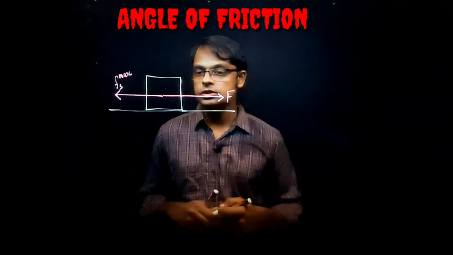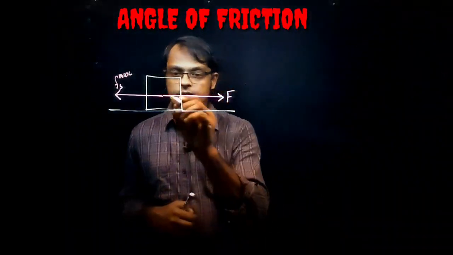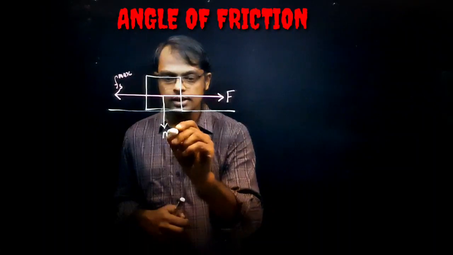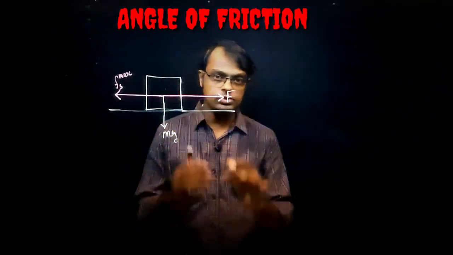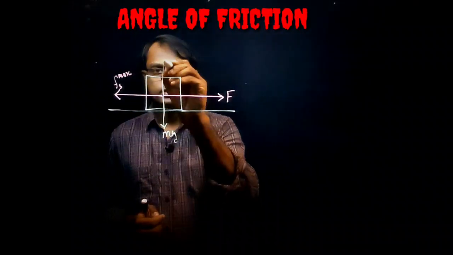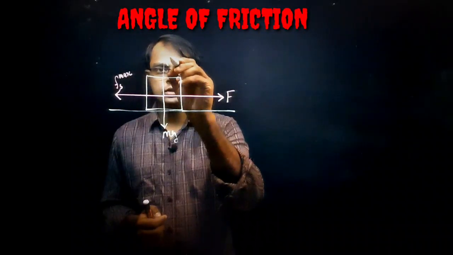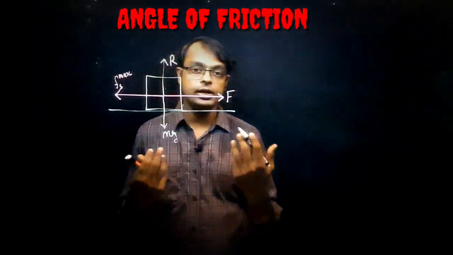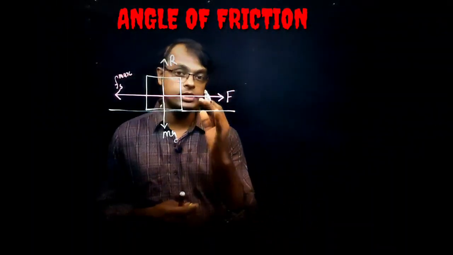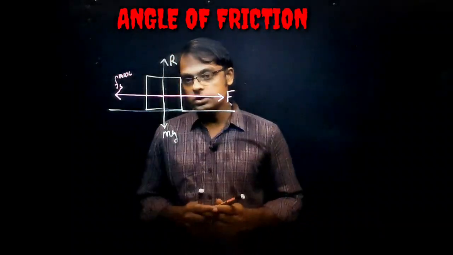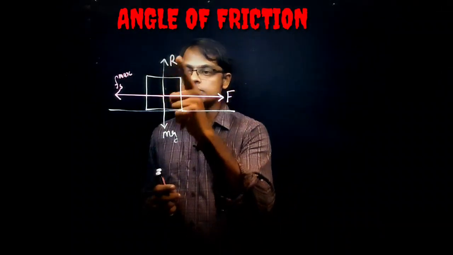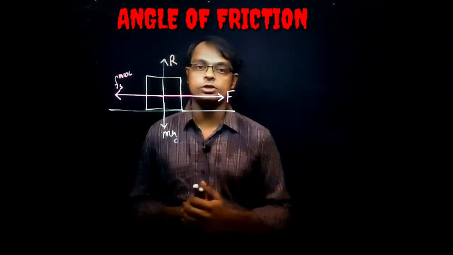Now, which forces may be acting on the system? We can say there is mg acting vertically downward. The next one, according to Newton's third law, is the normal reaction force, also acting upward. Now the question is, what is the resultant of the normal reaction force and limiting friction?